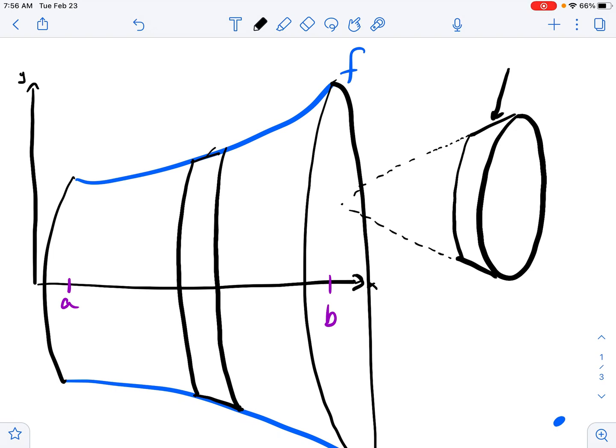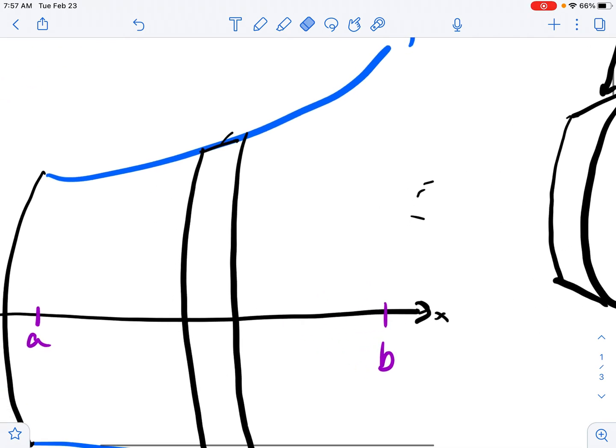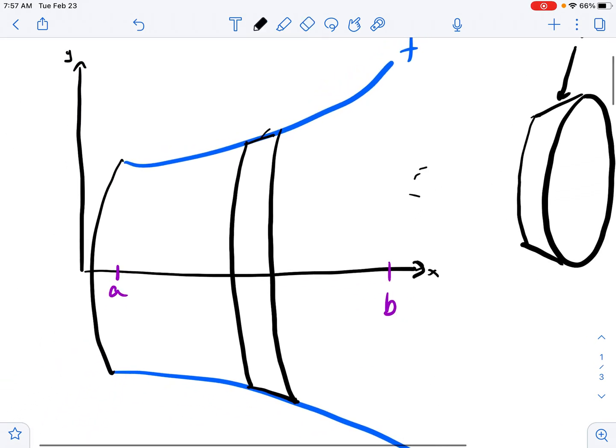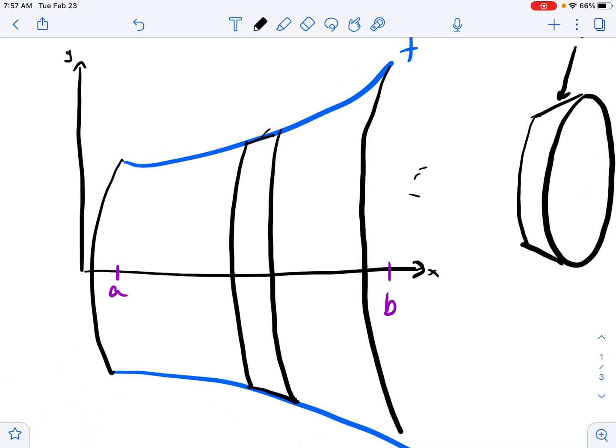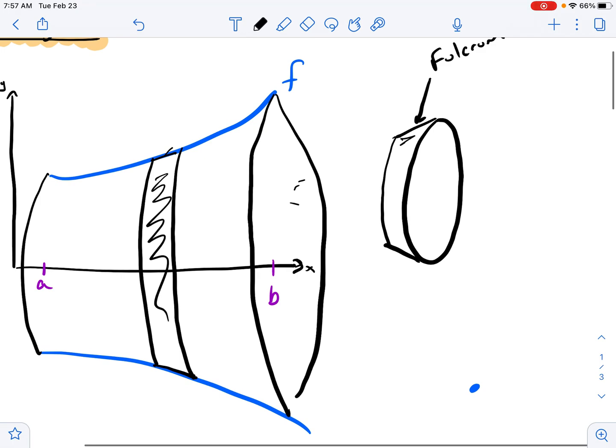And so what we call this portion of a cone is a frustum. It's a portion of a cone, all right? And so what we can do is think of this region as being made up of an infinite number of these infinitesimally thin frustums, okay? And we're going to find the surface area of all these things and add them up, okay?